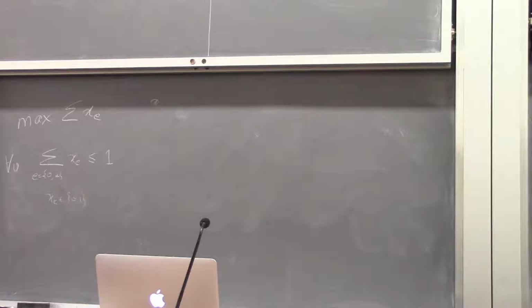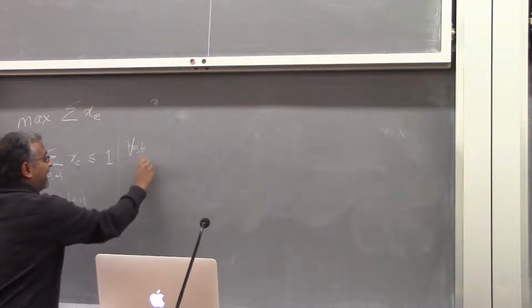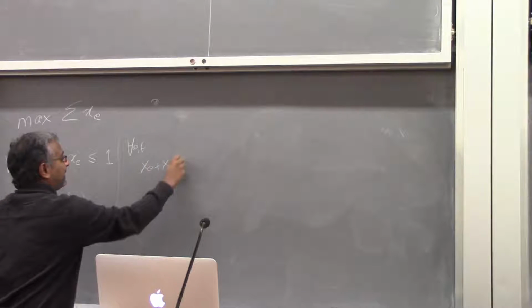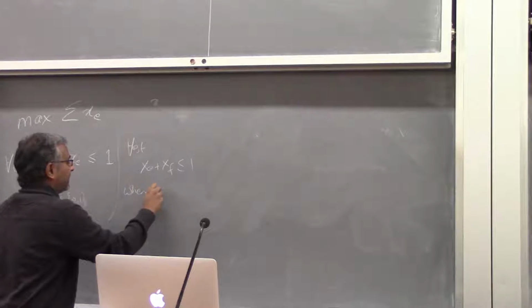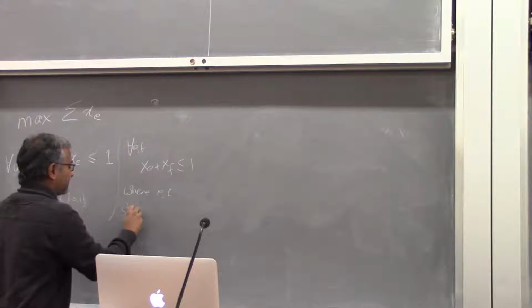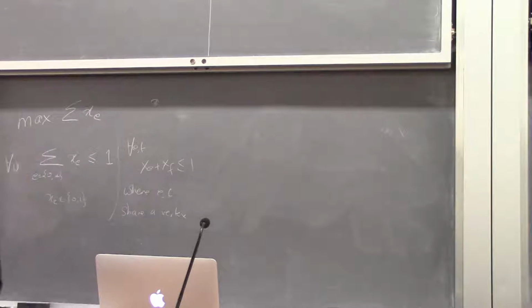But I want to write this more concise LP because I have a devious ulterior motive in mind, which will become clear in a minute. But you're correct. That original one you stated, for every pair of edges, add them up, it should be at most 1, is correct. It will give you a correct answer. So in fact, let me just emphasize it by writing it down. For all E, F, XE plus XF less than or equal to 1, where E and F share a vertex, is a correct formulation of this integer program.